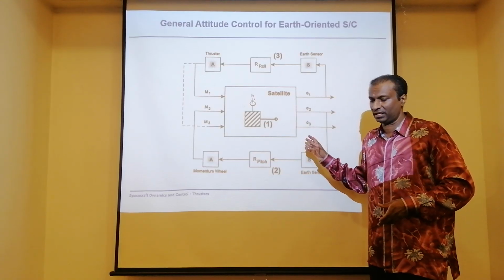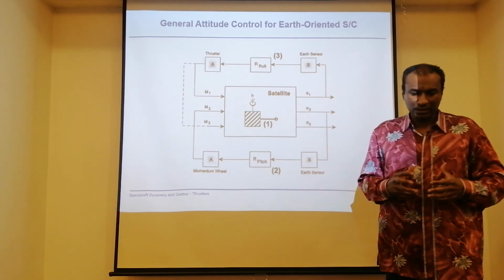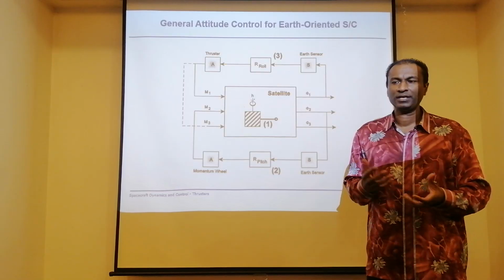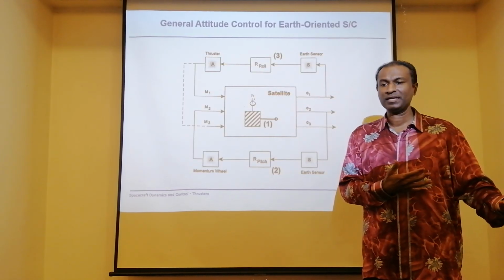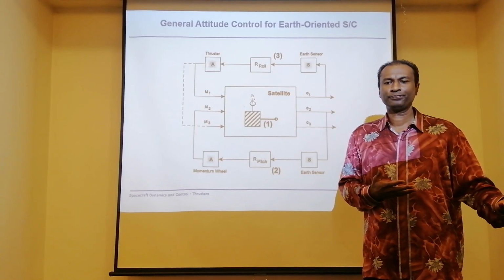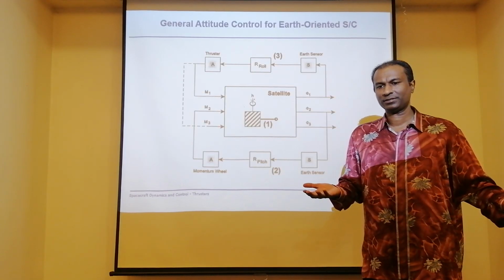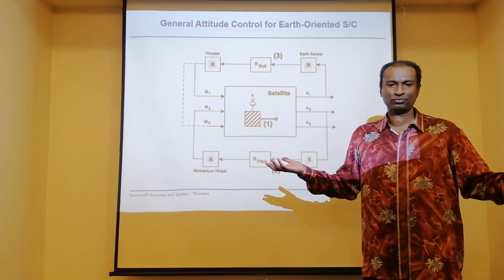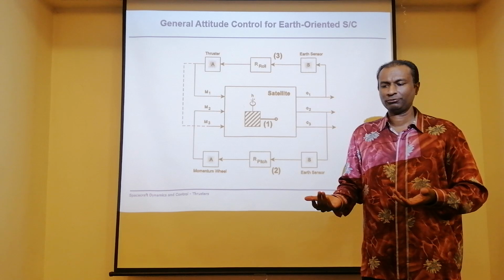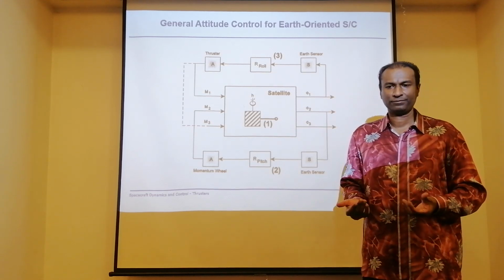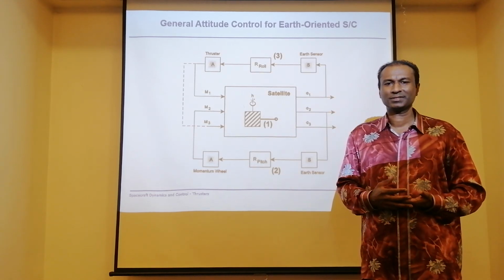So what we have seen here is a combination of solutions, combinations of actuators. You have gone from a very primitive way of controlling a satellite, gravity gradient stabilization, which means at no cost, just playing around with the inertia. Then you have gone into a bit more expensive option, the magnetotorquers.